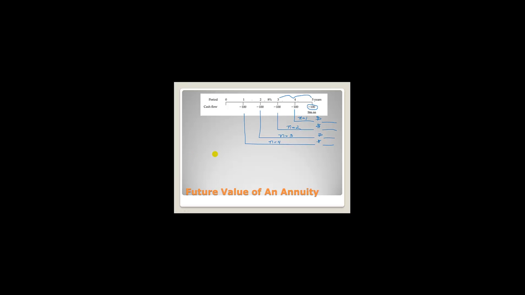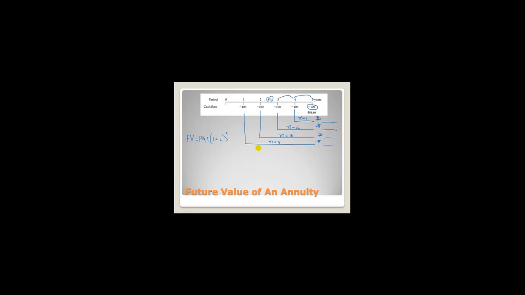If we were just to dedicate ourselves to using our typical future value formula, what would we do? We would take future value equals the payment times 1 plus I raised to the nth, and our I is 8%.